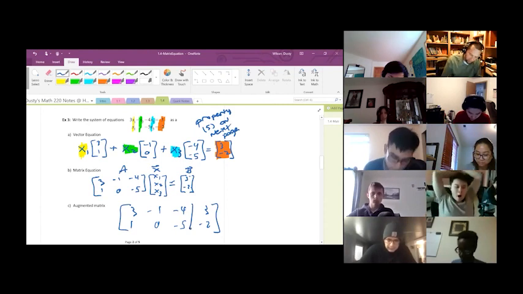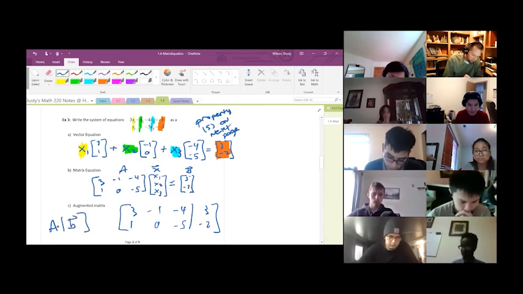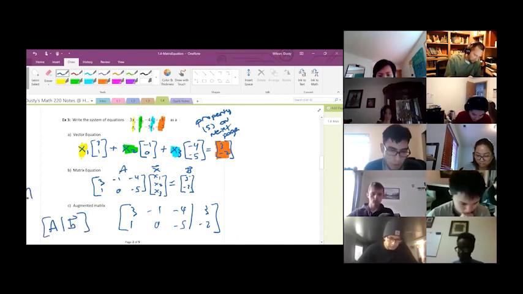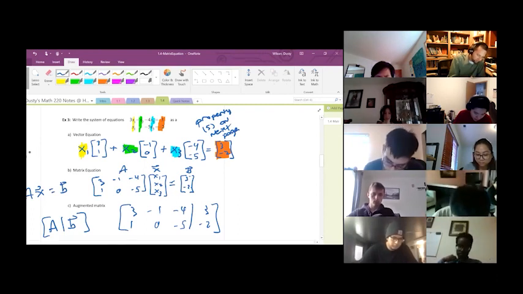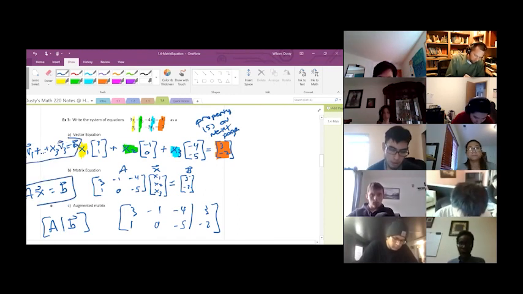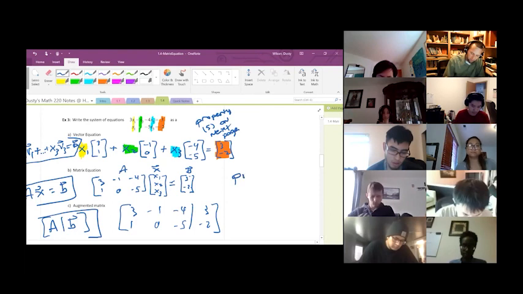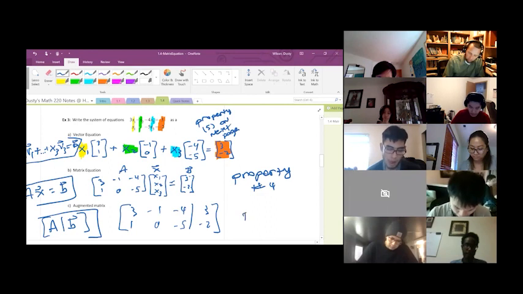So here you've got the A augmented with B. Here you have AX equals B, and here you had x1 v1 plus ... plus x3 v3 equals b. And so this is property number 4, and the last one is property number 6.